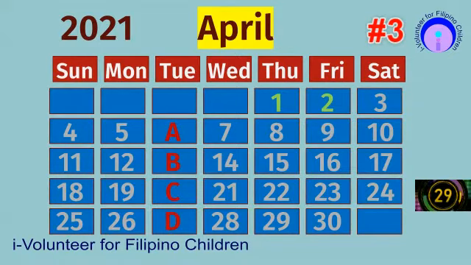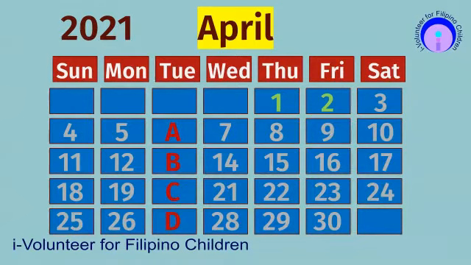You find the specific date of the month indicated by A, B, C, and D. The date before letter A is April 5, therefore, A represents April 6, 2021.